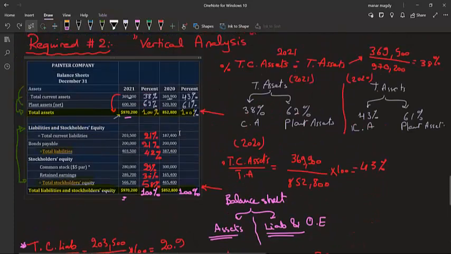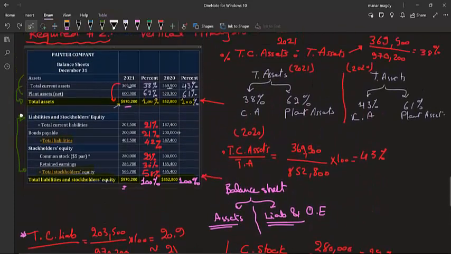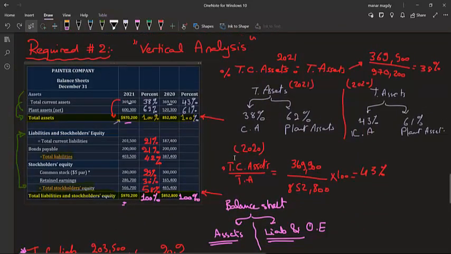So let's apply it again to year 2020, just quickly.